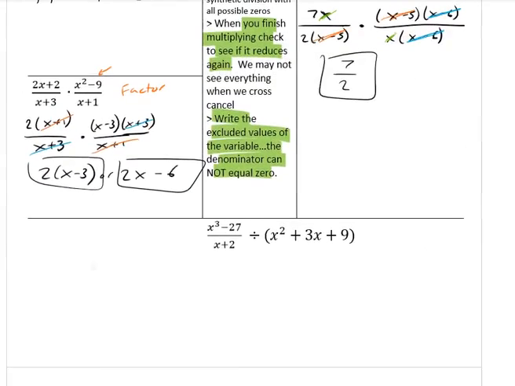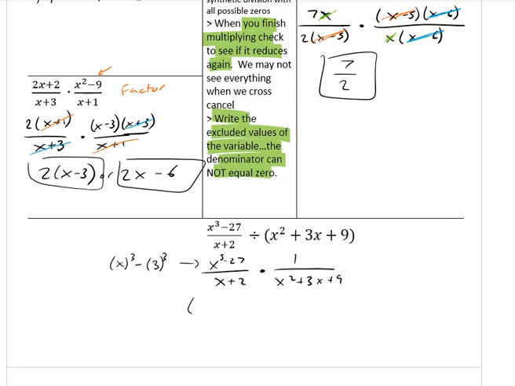And the last one. So keep, change and flip. That would make that 1 over x squared plus 3x plus 9. This first term here is actually an x cubed minus a 3 cubed. That is a difference of cubes.